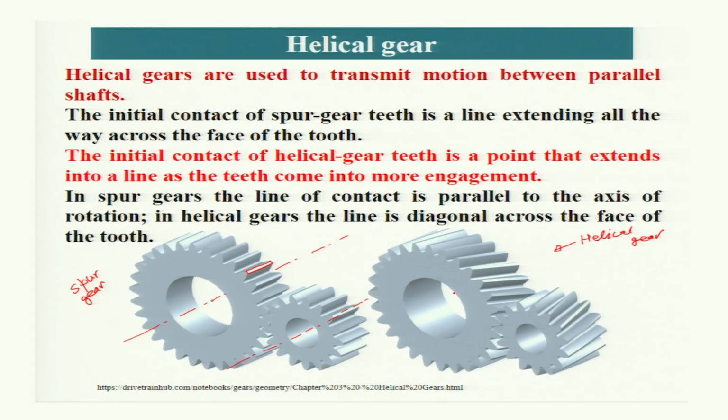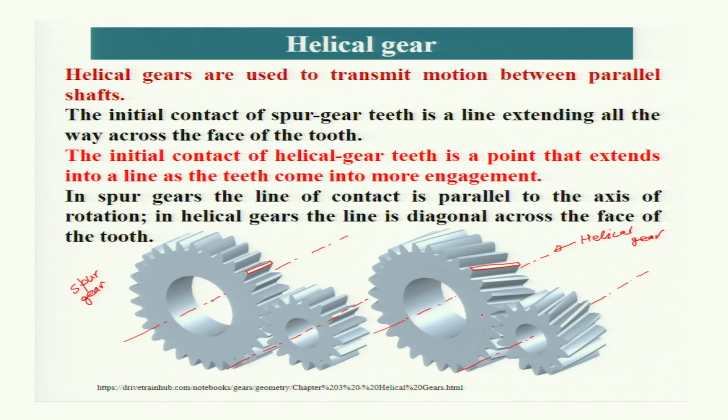But in the case of this helical gear, where the axes are given by these lines, axes are again parallel to each other, but now the gear tooth is not parallel to the shaft, but it is inclined by a certain angle to the direction of the shaft.